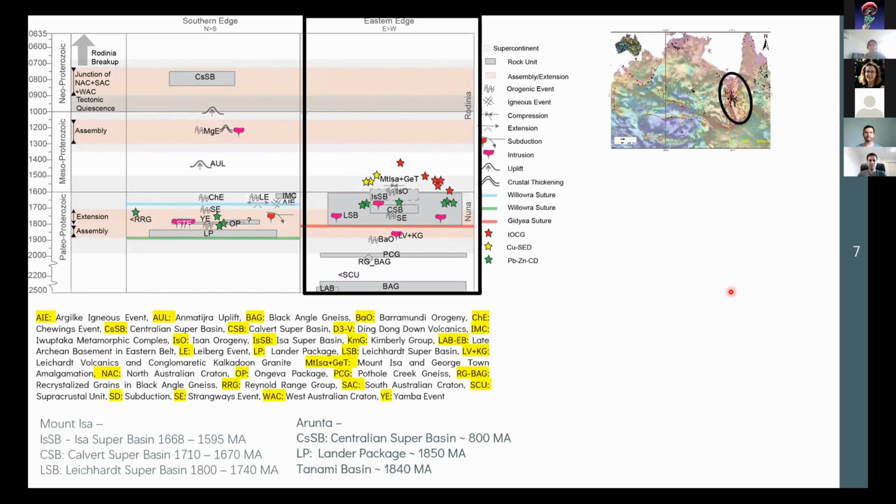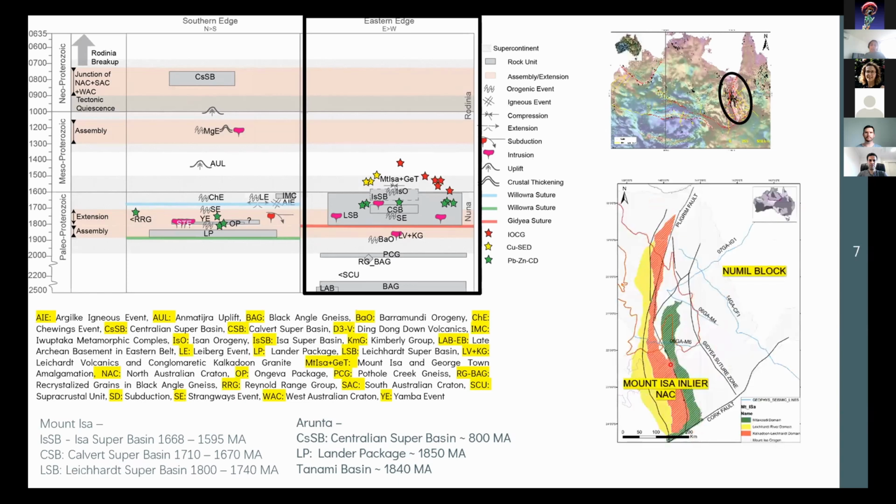It has experienced multiple cycles of extension and compression in basin development and inversion, and it's been divided into 3 major fold belts: the eastern and western fold belts, and in the center the Chalcedon-Leichhardt belt. Geophysical interpretation suggests that Mount Isa collided with the Numil block, and the suture zone between these two is the Gijia suture zone on the east side.